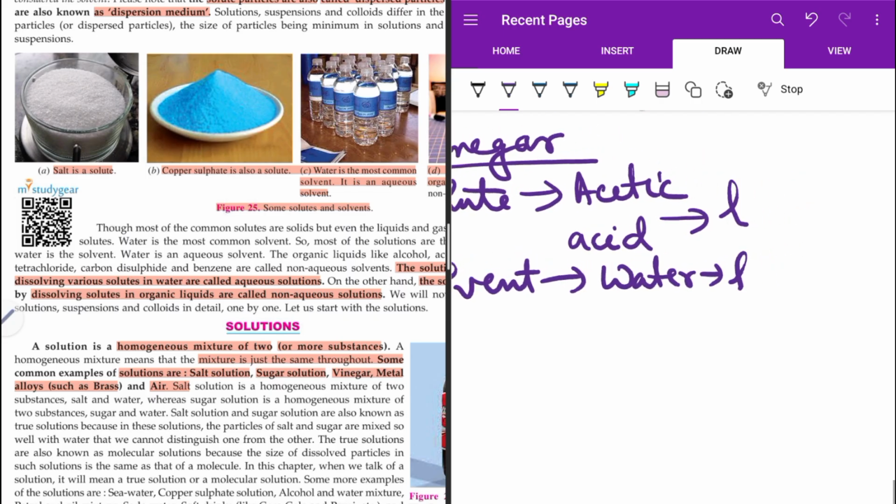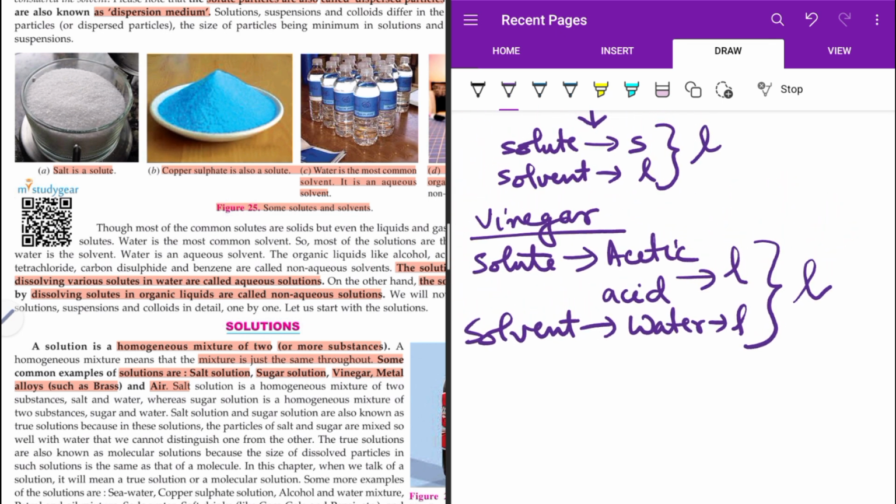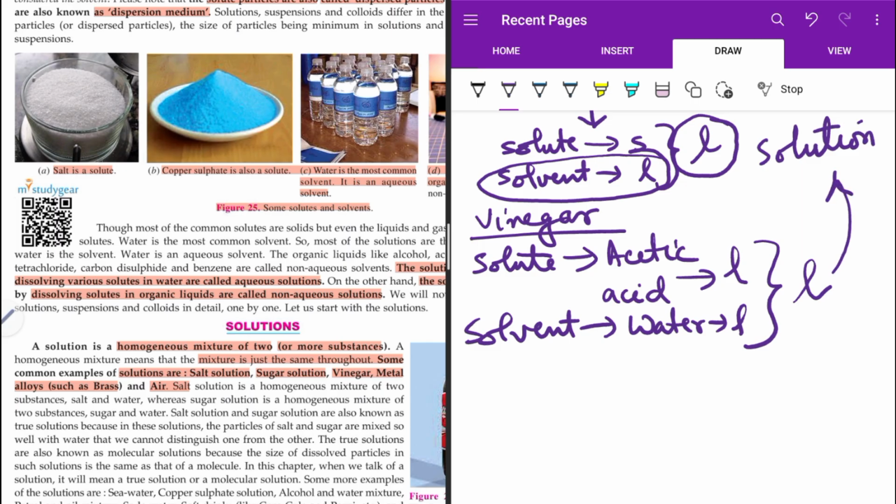So this is liquid in liquid solution, and it's an example of liquid solution. Why? Because the solvent decides what type of solution it is. Here again, it is an example of liquid solution because the solvent is water.